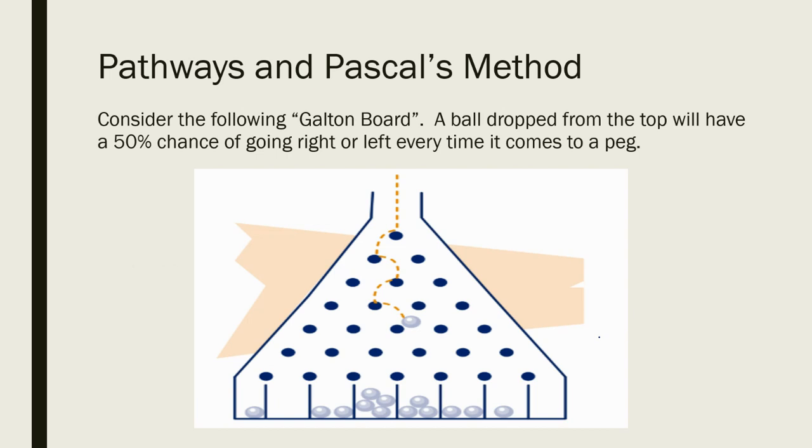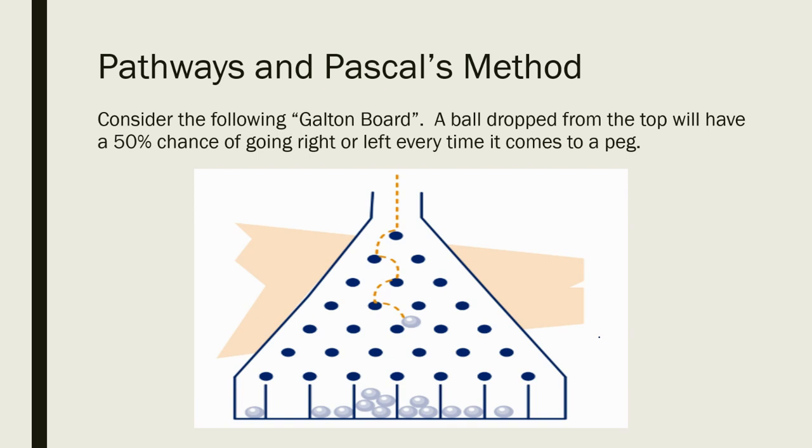A really, really cool application of Pascal's triangle is with pathway problems in Pascal's method. So I'm going to go through a few examples with you guys right now. This is called a Galton board. You may have seen things like that if you watch The Price is Right. If you're sick from school, they have a game called Plinko, where you drop a chip down a little pegboard.